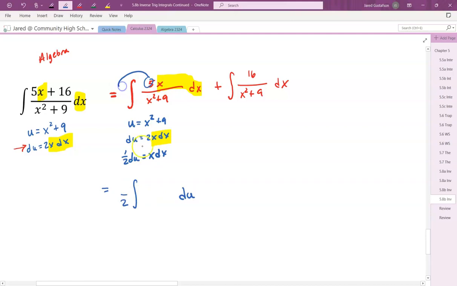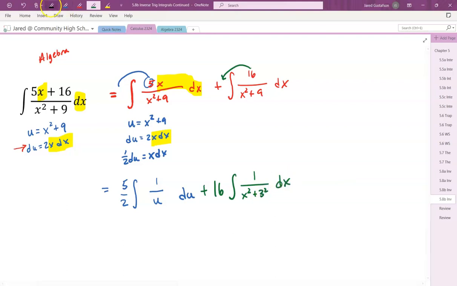I'm going to bring the 5 out front, and we get 1 over u du plus. For this other integral, I think I'm going to move that 16 right there, and maybe I'll rewrite this as 1 over x squared plus 3 squared dx. Now at this point we should have an idea how to integrate both of these things. The first one is 5/2 natural log of u. We'll do the plus c at the very end.